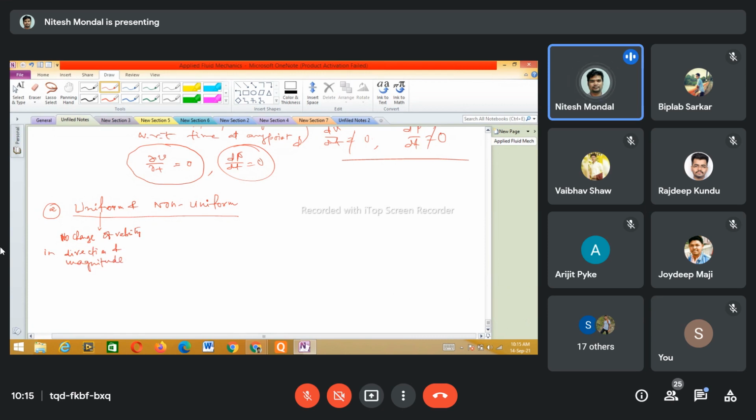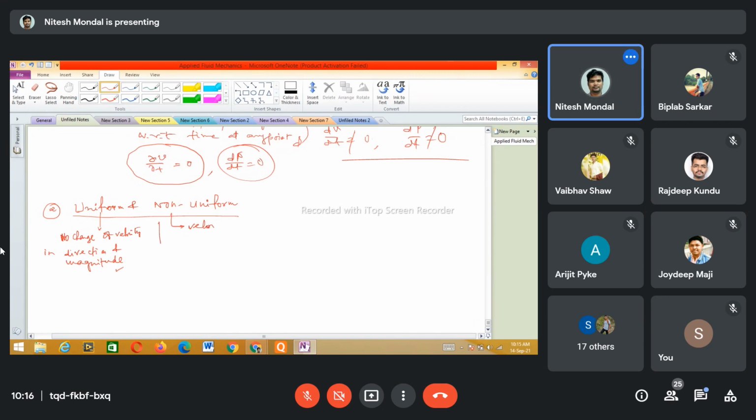No change of velocity in the direction and magnitude is called uniform flow. If there is a change, it is non-uniform flow, where the velocity changes. So this is the non-uniform and this is the uniform.